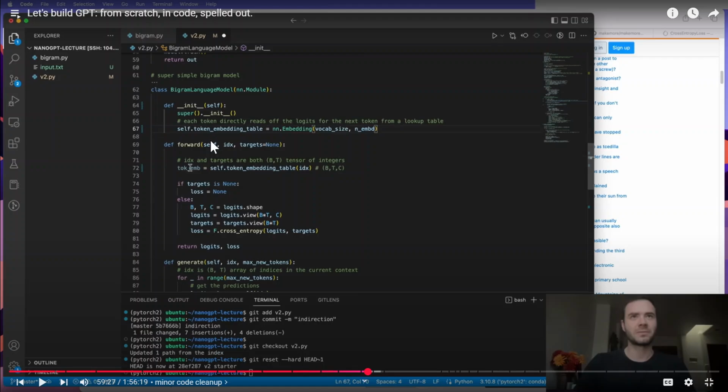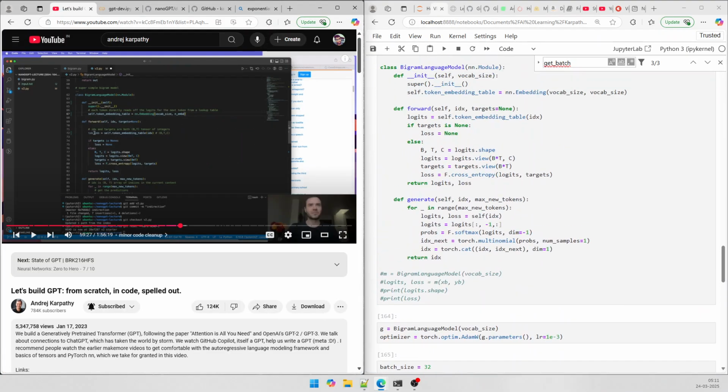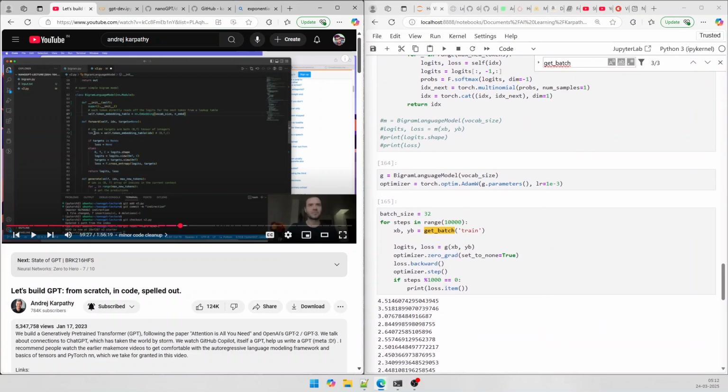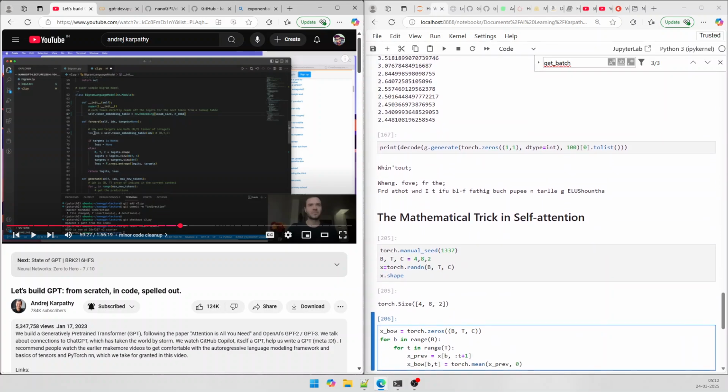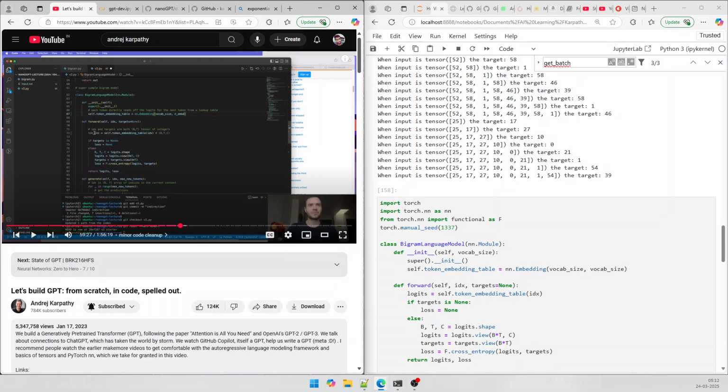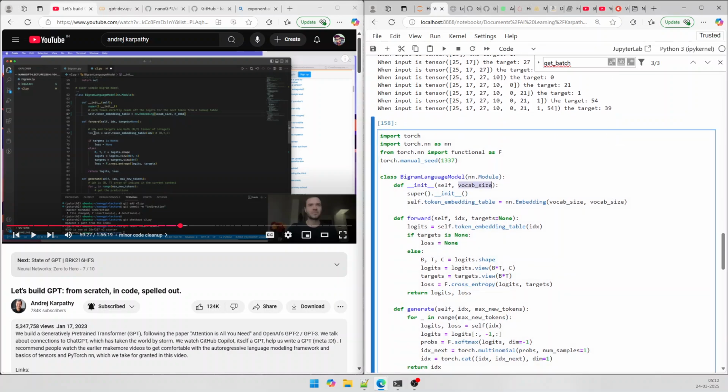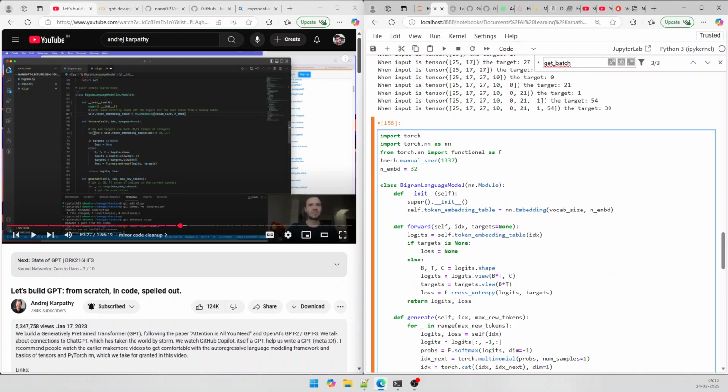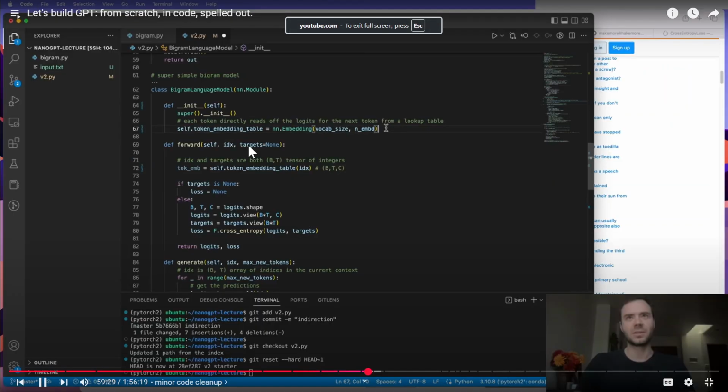And then to go from the token embeddings to the logits, we're going to need a linear layer.